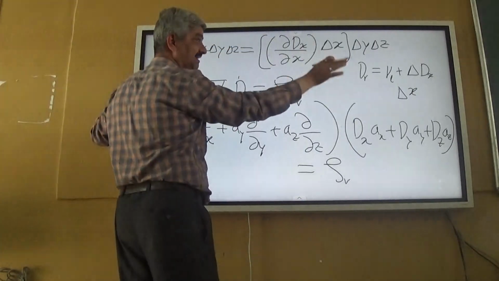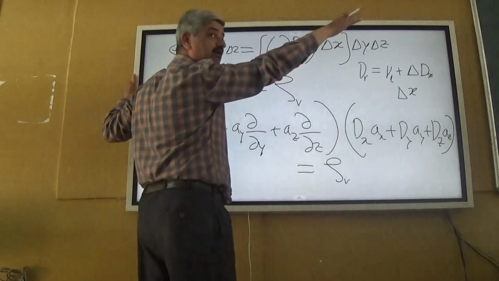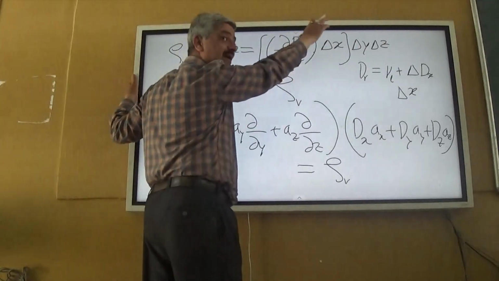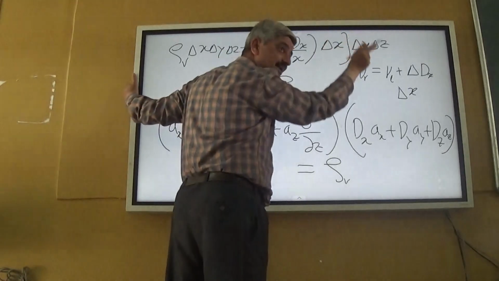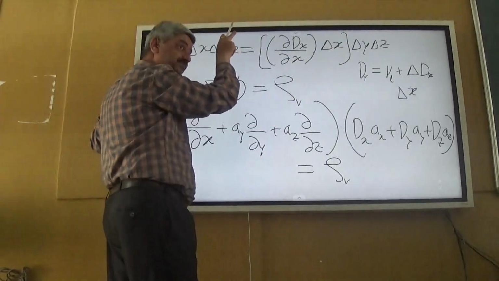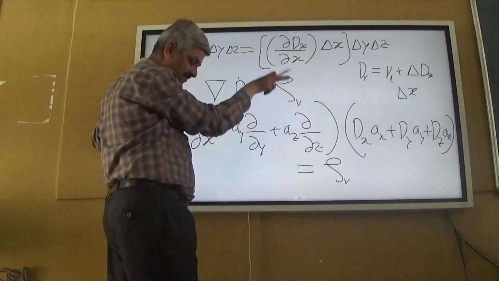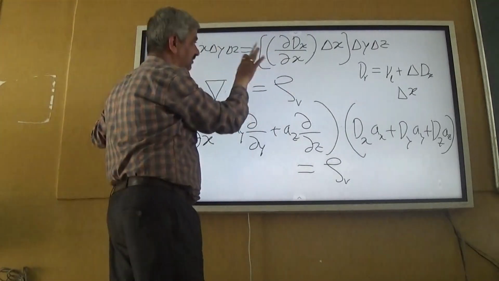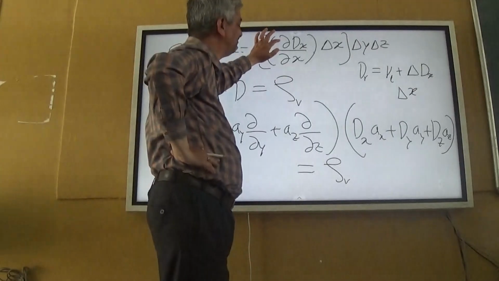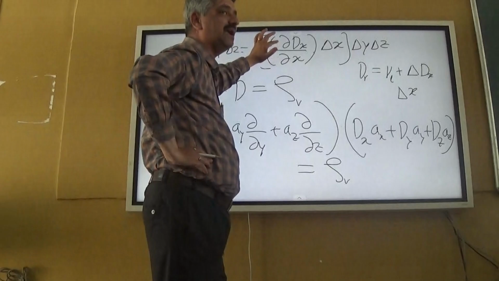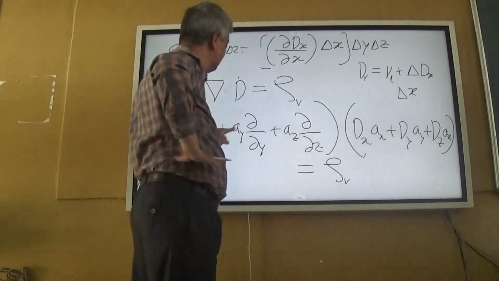So delta x delta y delta z cancels from all the terms and we get rho v equal to del Dx by del x plus del Dy by del y plus del Dz by del z.